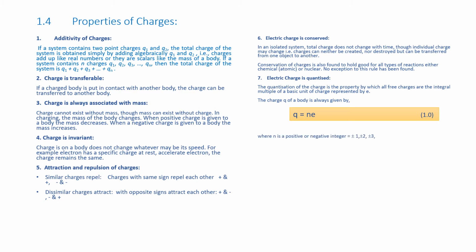So, n can be a positive or negative integer like plus or minus 1, plus or minus 2, or plus or minus 3. n is a whole number. e is a constant called the elementary charge.